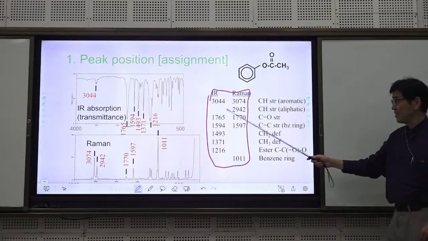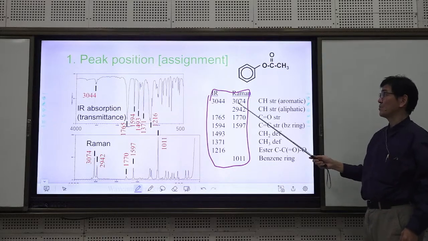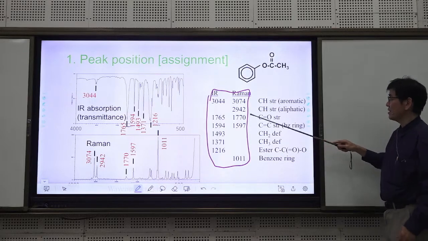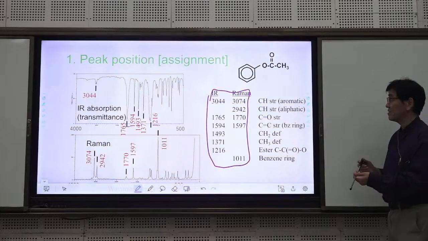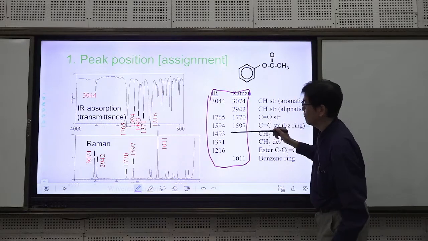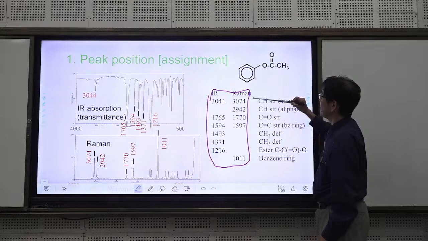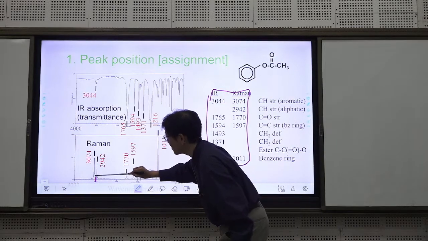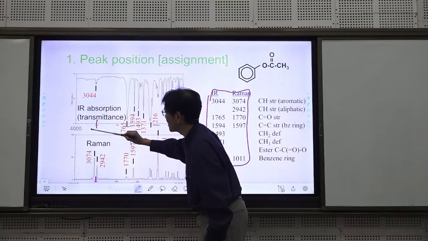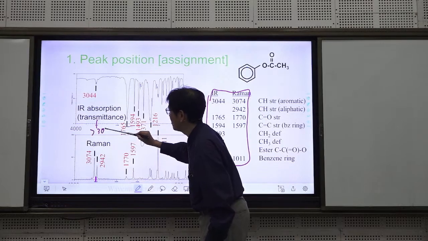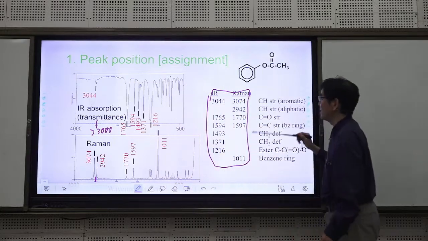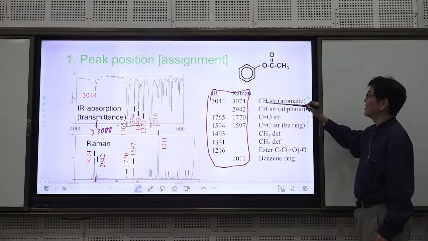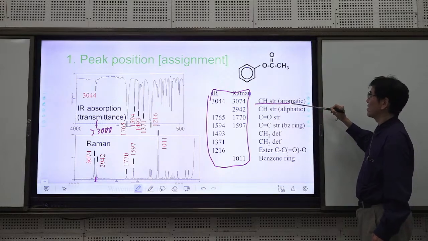So this information is useful to consider what the origin is. And there is already accumulated knowledge that the band above 3,000 is assigned to CH stretching of the aromatic group.